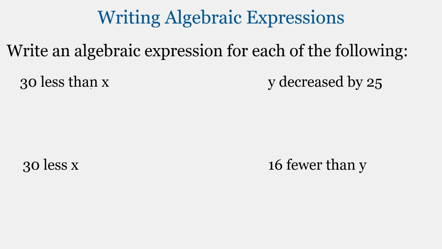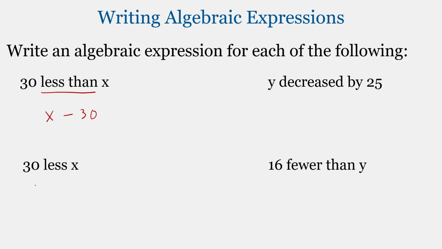So in this first problem, we have 30 less than x. So we have x, and we have 30 less than it. So we're going to subtract 30. We're going to take 30 from x. Now I'm going to skip down to the one below it. So this one's 30 less x. We do not have the than in there.